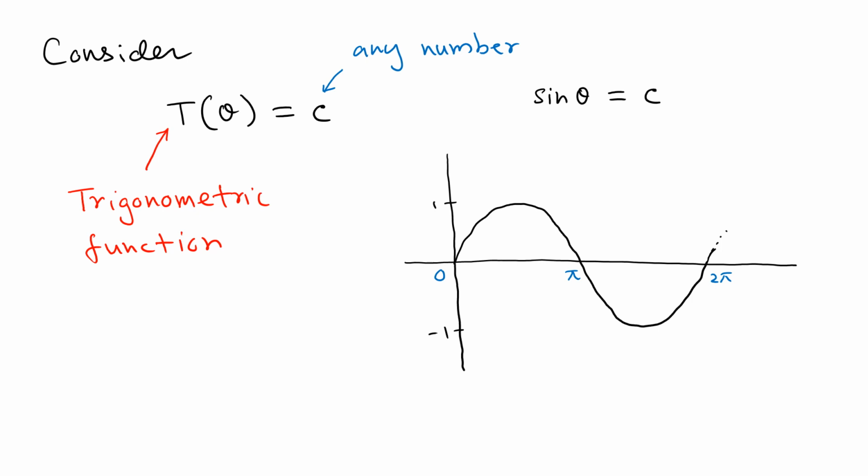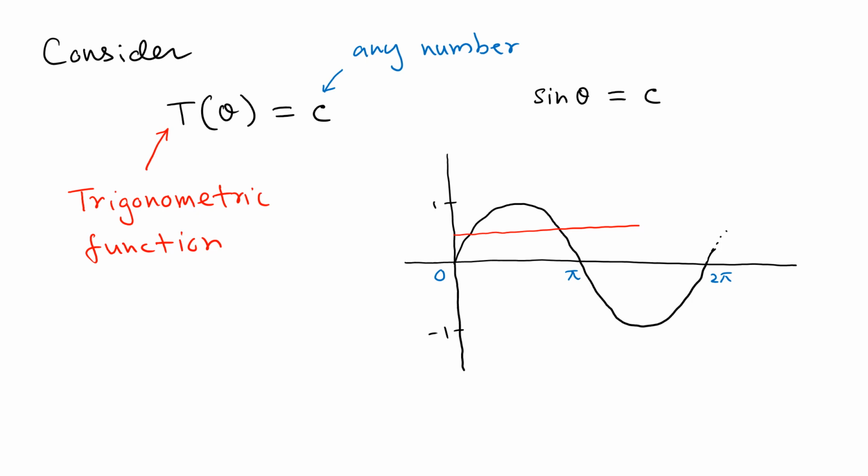That means we're going to find for what theta this function equals 1/2. Geometrically, we can draw a line through 1/2 and then look for which values give you that value.